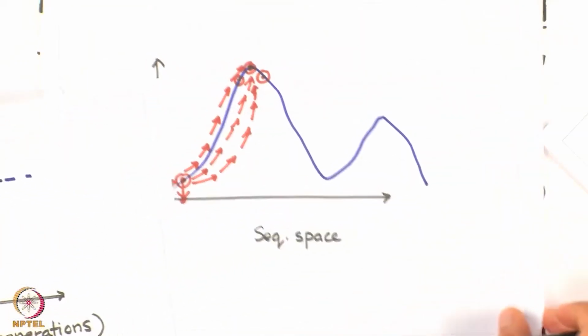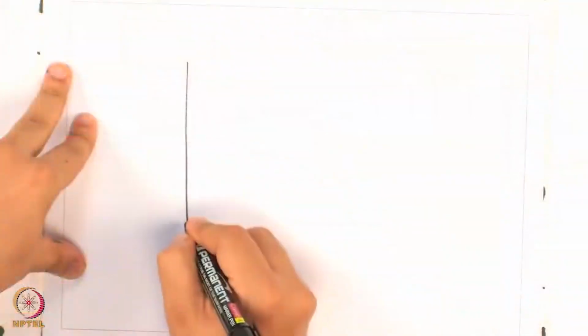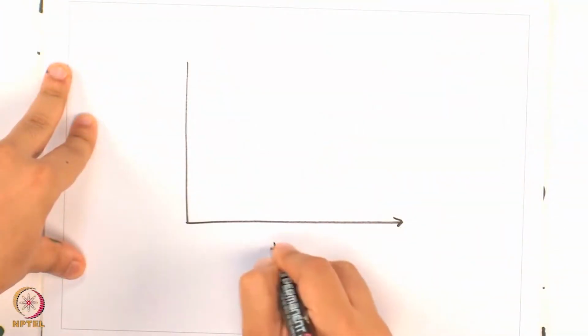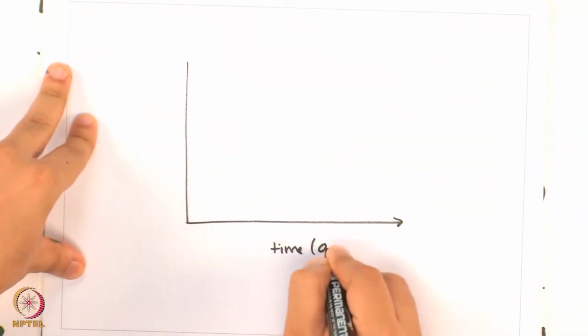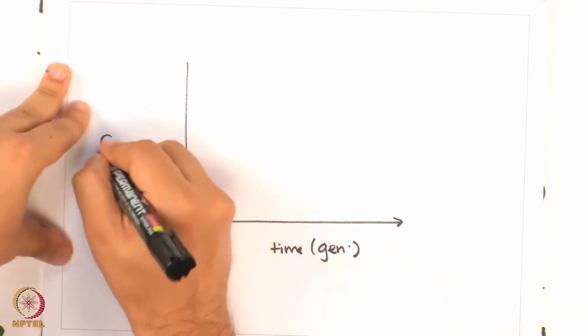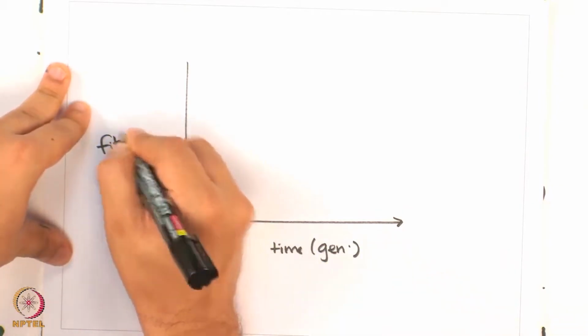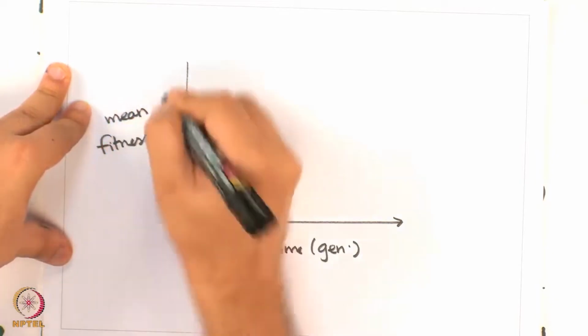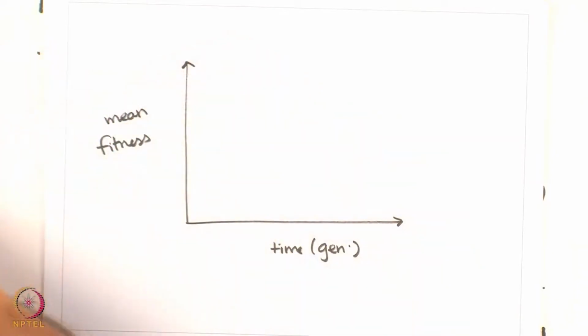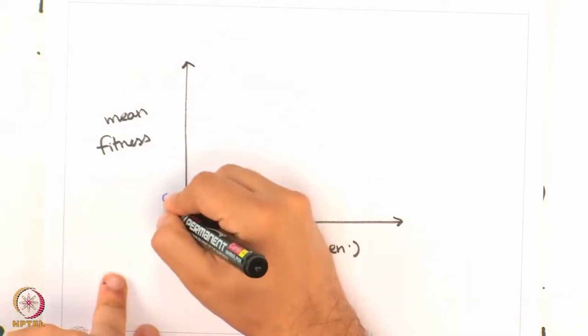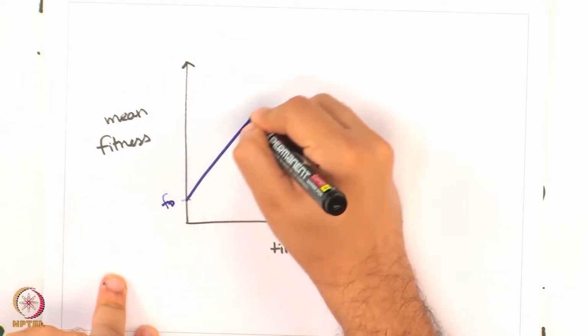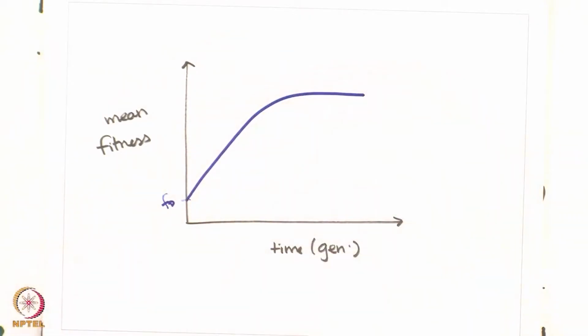But what we can see here is that in these representations, we can define a variable called speed of evolution. And let me just redraw that graph again. So, this is time in generations and this is mean fitness of the population. And we note that starting from F naught, the population increases and then saturates.